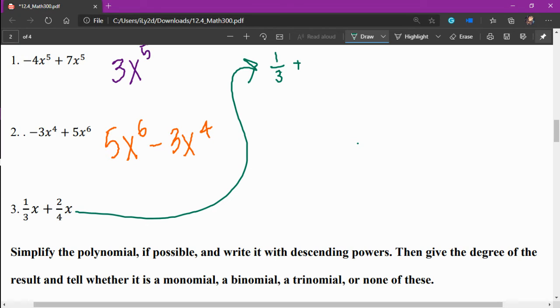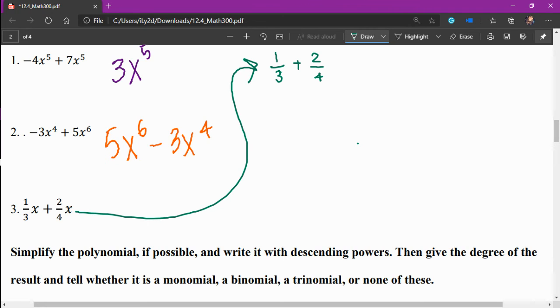And I've got a positive 2/4. Can you combine those just as fractions, adding them straight across? You really can't, right? Because those do not have the same denominator. Adding or subtracting fractions have to have the same denominator.